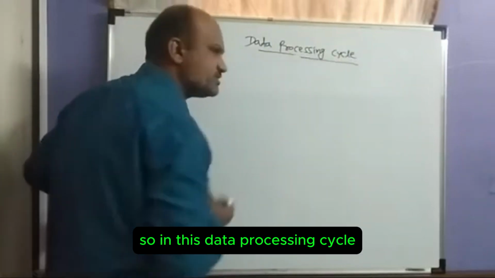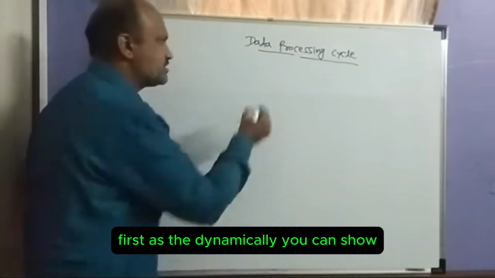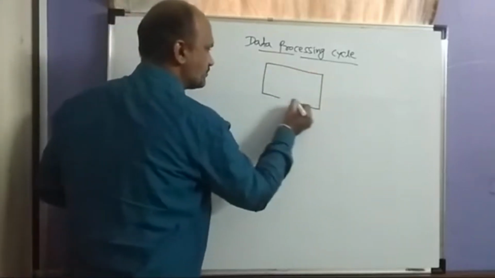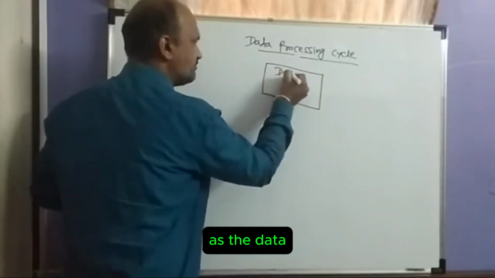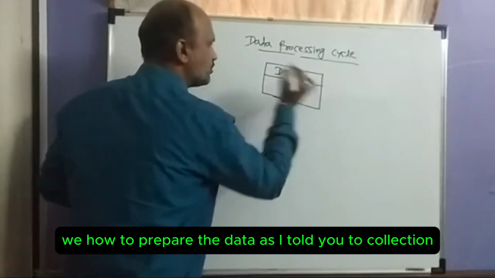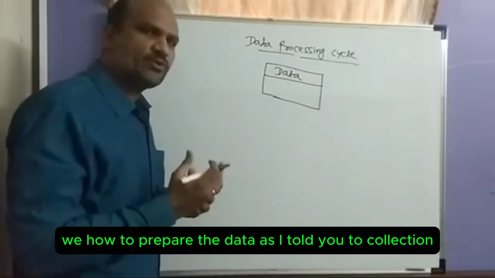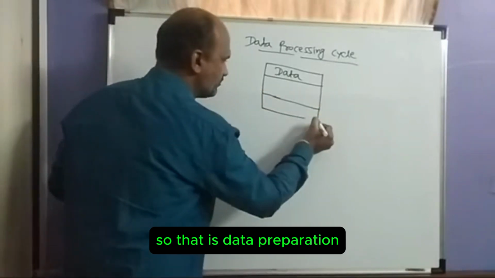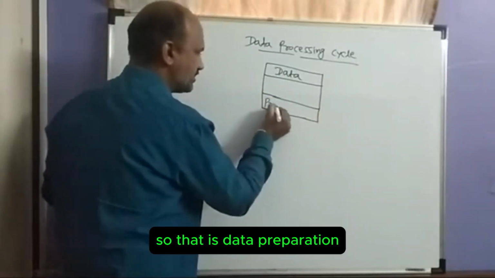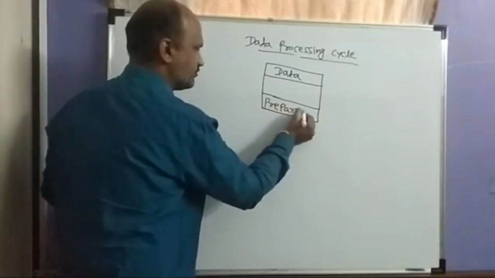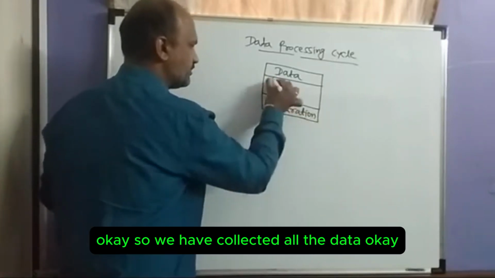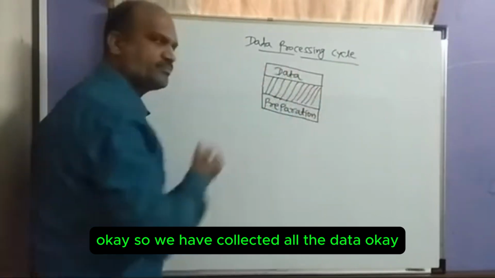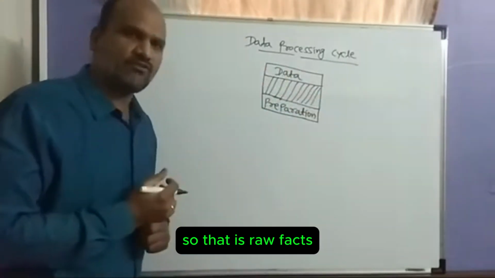In this data processing cycle, first, as you can show diagrammatically, we have to prepare the data. As I told you, collection of data is very important. So that is data preparation. We have collected all the data, which are raw facts.